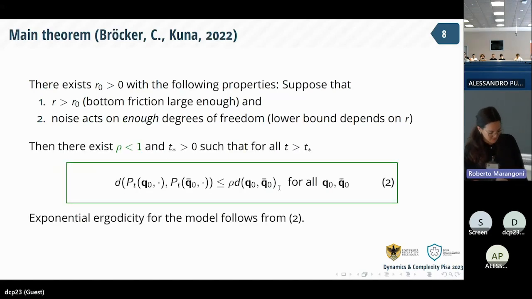then there exists a rho that is smaller than 1 and a positive time T star, so that for all times greater than this T star, we have a sort of contraction of the transition probability. So if we start, say, from two different initial conditions, and this is again the Wasserstein distance associated to this distance here, I'm going to have a contraction on the transition probabilities. And by an iterative argument, this can be shown, of course, to imply the exponential ergodicity.